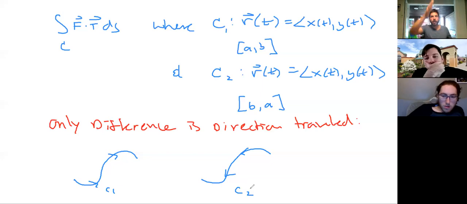We all agree that up and down is the y-axis. Positive is up, negative is down. We all agree that left and right is the x-axis, and when we go left, that's negative, and when we go right, that's positive. When we drive cars in the United States, we all agree to drive on this side of the road. We have these conventions, and there's no difference here.